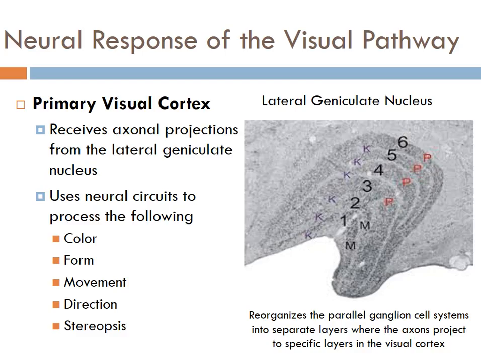As we finish up talking about the neural response, remember you've got the visual stimulus coming into the eye, hits the photoreceptors, gets transmitted through the brain, and then the signal ends up in the primary visual cortex in the back of the brain, and that's where color vision and form and movement and all these other things are processed. And this is a really interesting and explanatory description.